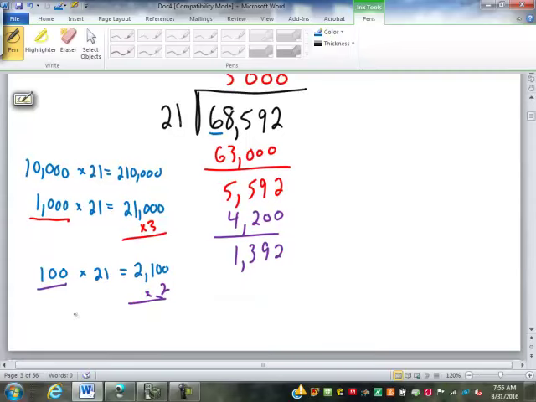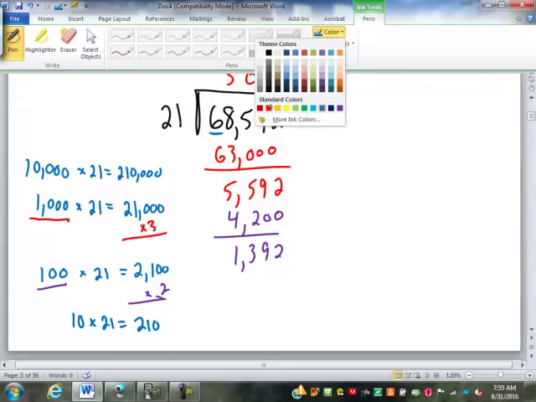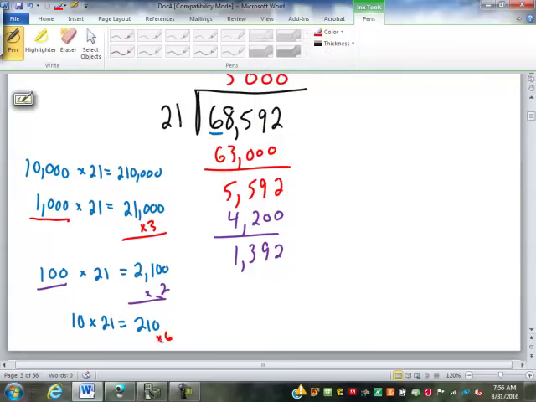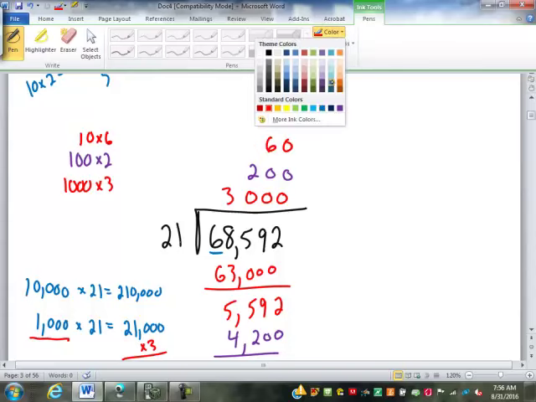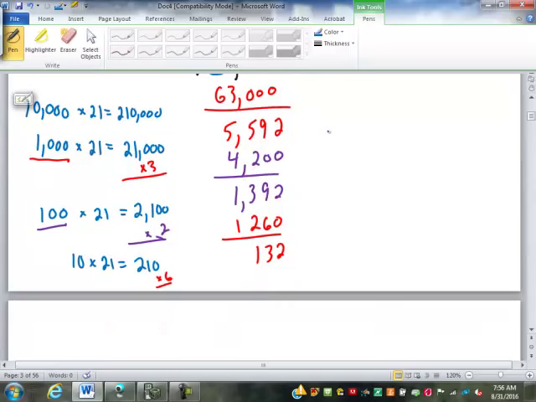Next place value is 10. 10 times 21 is 210. I can subtract that. Looks like 6 times. Yeah, 1,260. That leaves 132. So I just subtracted 10 times 6, or 60 21s. And of course, all that's left now is 21s.